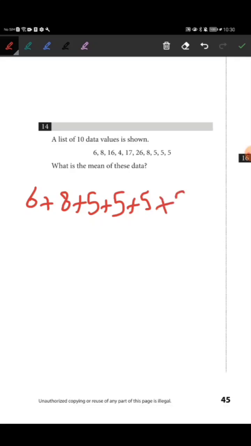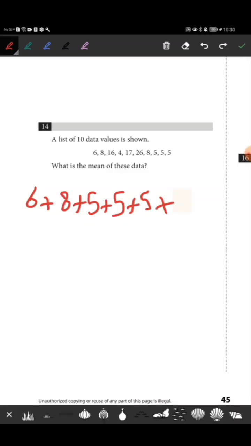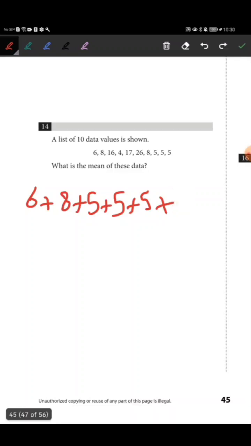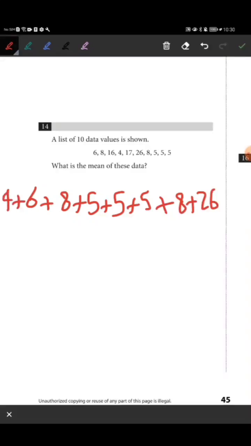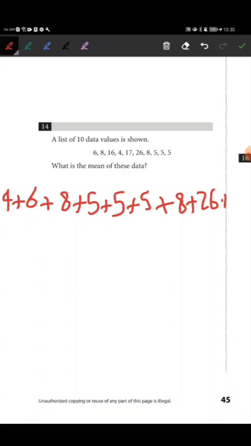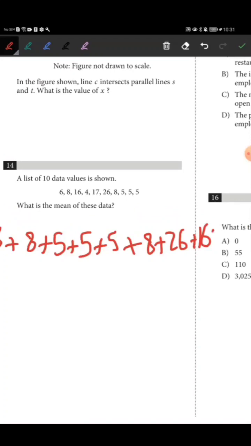Plus 5, sorry, only 3 fives, plus another 8, plus 26, plus 4, plus 16, plus 17.